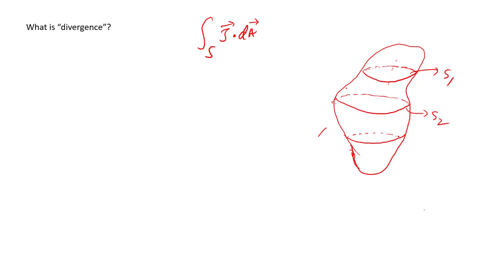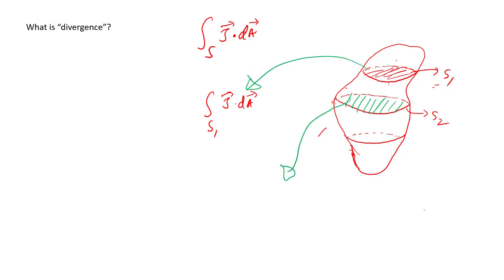Essentially, think about cutting this potato into small chips. Then I can calculate the flux through surface S1, J dot dA. Similarly, I can calculate the flux for the next one, surface S2. So this is the integral over S1 of J dot dA, and this would be the integral over S2 of J dot dA.